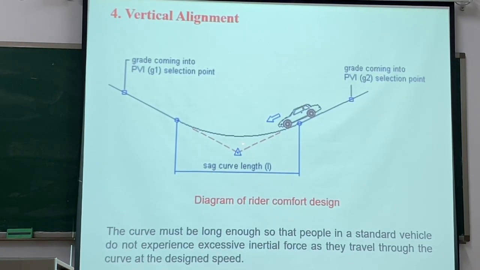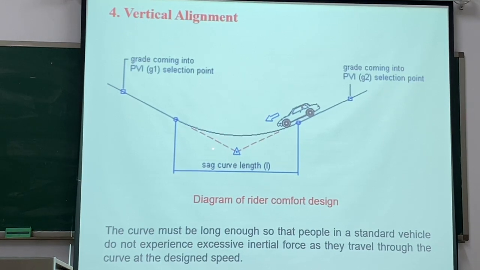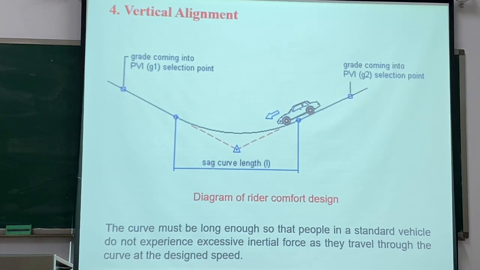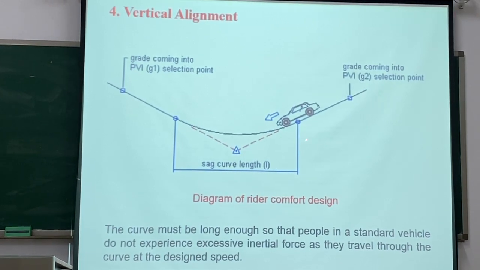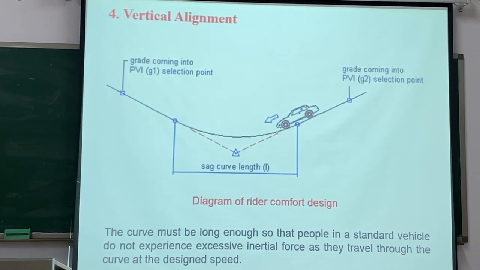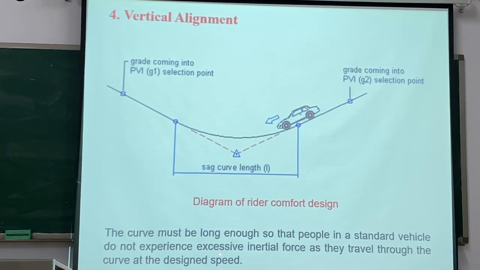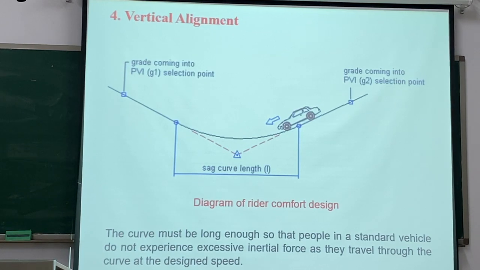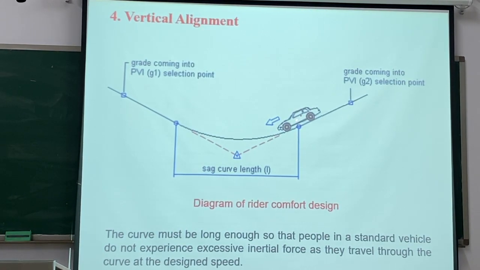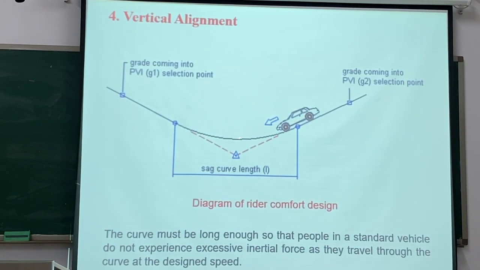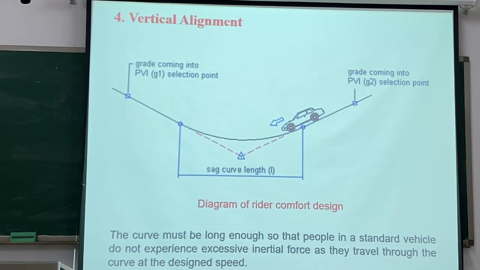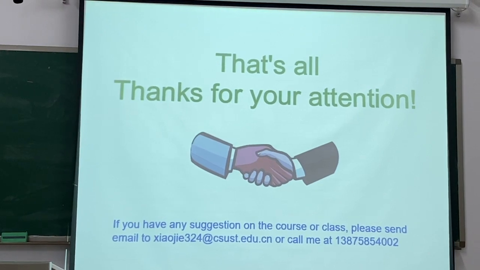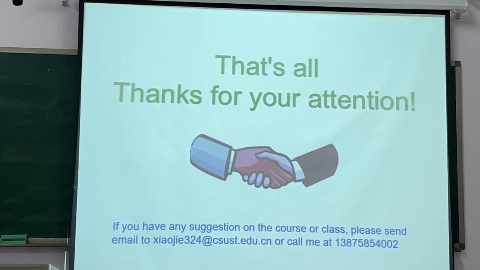If the curve is short and the speed is high, it may be uncomfortable when we pass this road. That's all. It's all about the horizontal and vertical alignment.